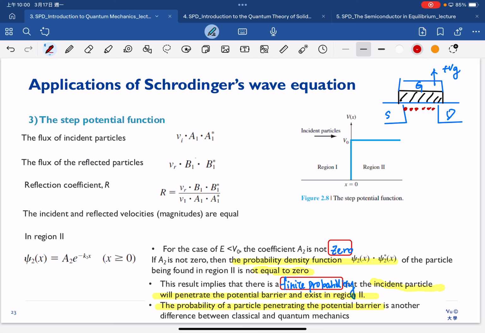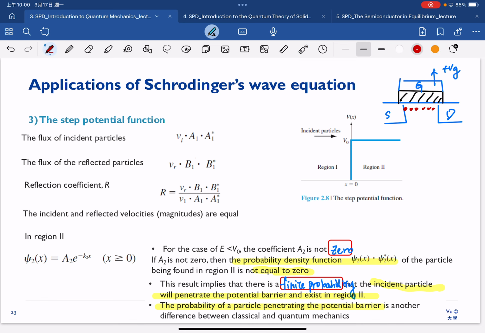But in the previous discussion, we mainly talked about how electrons flow to the right and become our drain current, our output current. But by considering quantum mechanics, when you apply the positive gate bias, you have the barrier. The insulator is considered as a wall, a potential barrier.